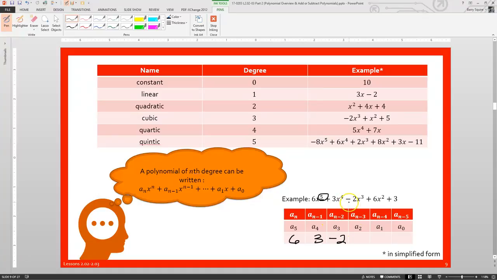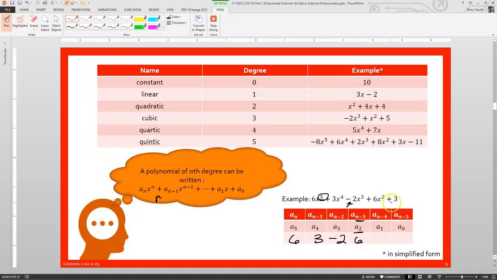Yes, I include the negative. That's because we always assume everything is addition. When we see a negative sign, that means we have a negative number. Our next one, 3 away from the biggest, is now the second. So that is going to be 6.